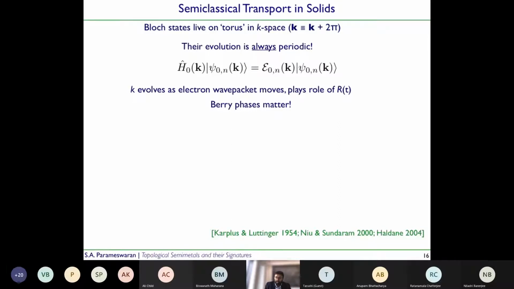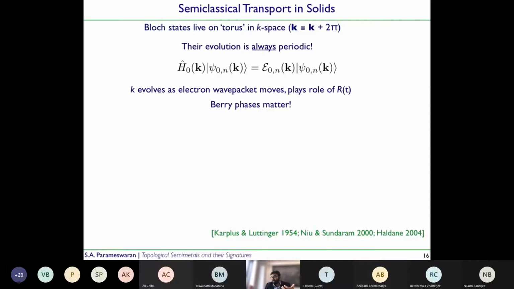So if you think about k evolving as the wave packet moves, the reason k is evolving is because I imposed external electric and magnetic fields. Remember, k dot is controlled by the external E and external B. So k dot is going to be non-zero. It's going to evolve because forces act on the particle.